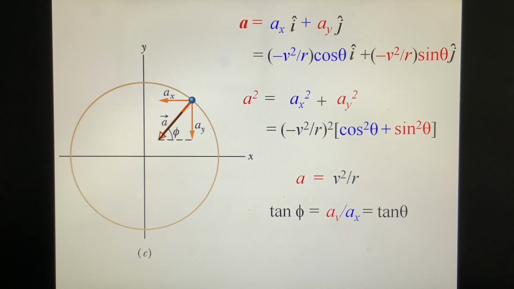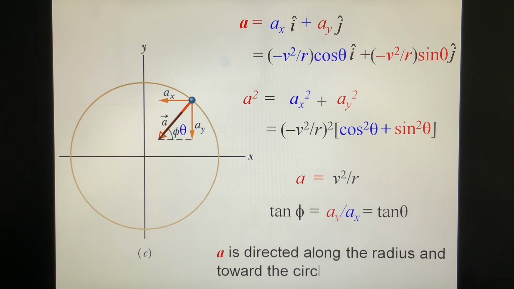What does it mean? Tangent phi equals tangent theta, and tangent theta is just from the center to this theta. So this means this a is toward the center of the circle. It's directed along the radius toward the circle center: the centripetal acceleration.